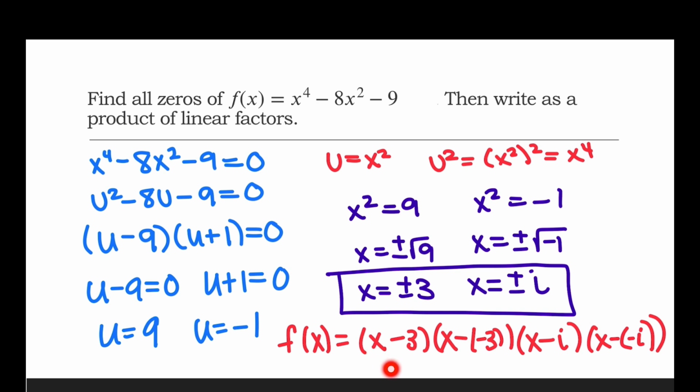So I have a factor of x minus 3, x minus negative 3, x minus i, and x minus negative i. I'll write that as x minus 3, x plus 3, x minus i, x plus i. So a fourth degree polynomial has 4 factors. Some of those factors just happen to have imaginary numbers in them.